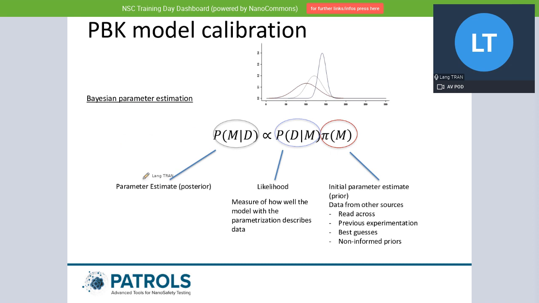As I say, the Bayesian parameter estimation is you start with an initial parameter estimate, okay, from previous experiment, or making a best guess, for example. Okay, so you have some initial idea what this parameter is supposed to be. Then you modify the initial one by the likelihood function. Then this likelihood is a measure of how well the model with the parameterization describes the data.